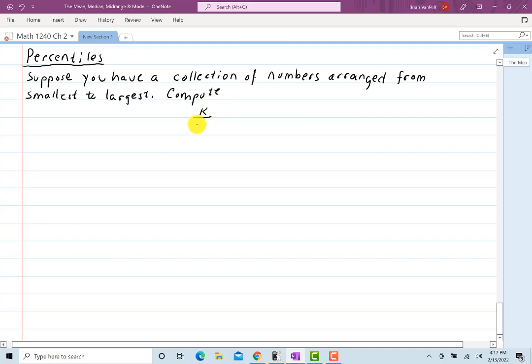K over 100 times n is what you compute if you are looking for the kth percentile.